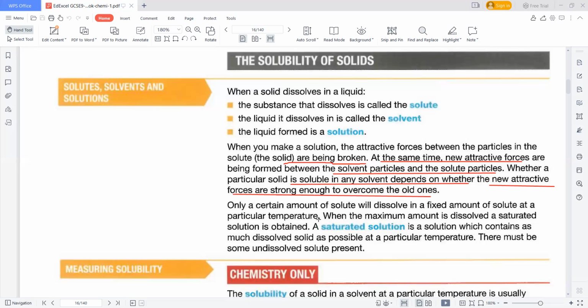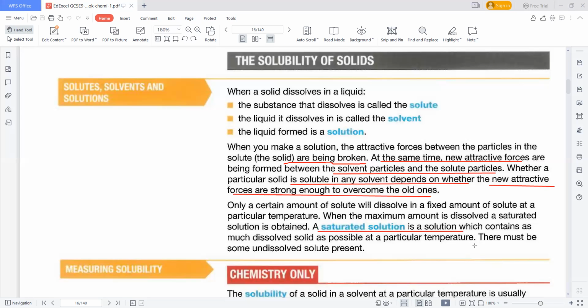After the saturation point, you either have to change the concentration or provide temperature to the solution to make further solubility possible. A saturated solution is one that contains as much dissolved solid as possible at a particular temperature. After that point, it is left with something undissolved. So after crossing a certain limit, no more solute will dissolve in the solvent.